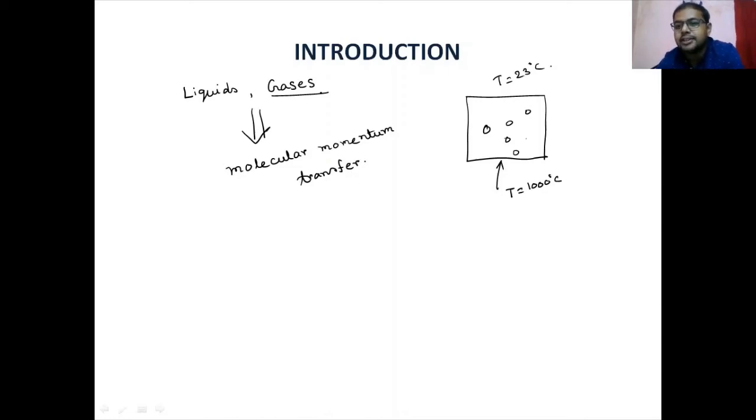RMS velocity will increase because of the temperature, so the molecules gain high kinetic energy. Then a high kinetic energy molecule, when it collides with a low kinetic energy molecule, transfers the kinetic energy from one molecule to the other in the form of heat. That is known as molecular momentum transfer, and it is the cause for heat conduction.